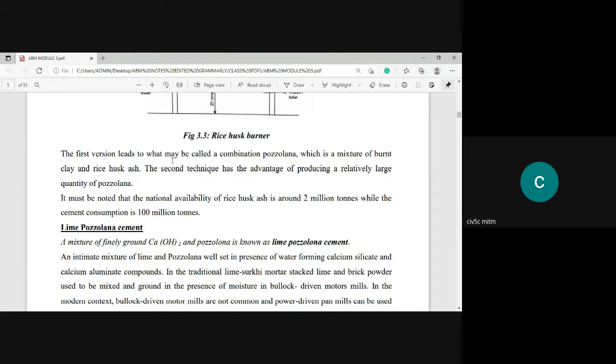Bagasse is rich in fiber, and that fiber is used as a fuel in the sugarcane factory itself, because sugarcane factories initially faced a problem: to generate electric power, they required an enormous quantity of firewood or coal. So instead of firewood or coal, why not use bagasse? So they use bagasse as a fuel.